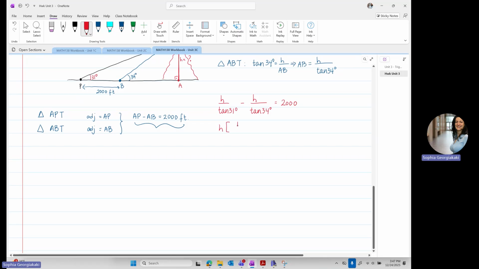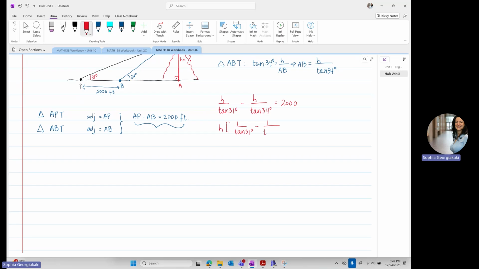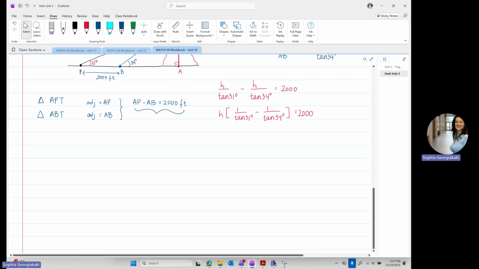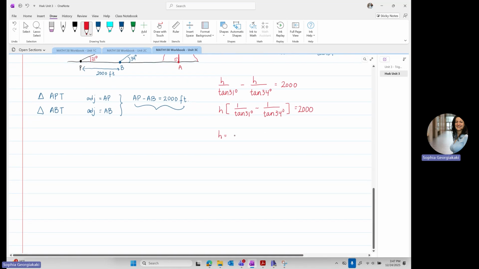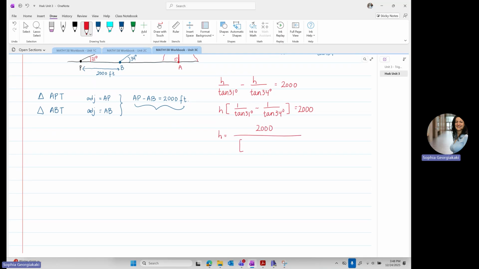I will get 1 over the tangent of 31 degrees minus 1 over the tangent of 34 degrees, equal to 2,000. These are feet. And therefore I can solve for H. So H will equal 2,000 divided by this parenthesis, 1 over the tangent of 31 degrees minus 1 over the tangent of 34 degrees. And that will be in feet.